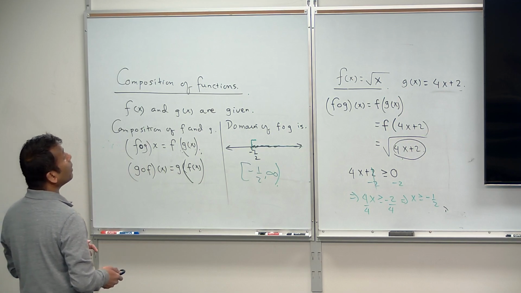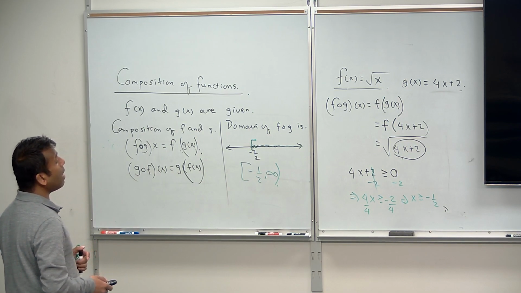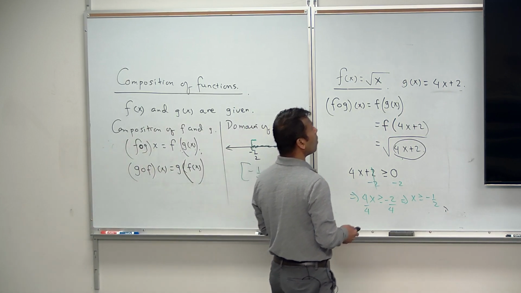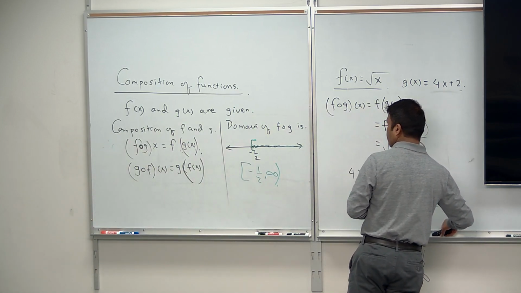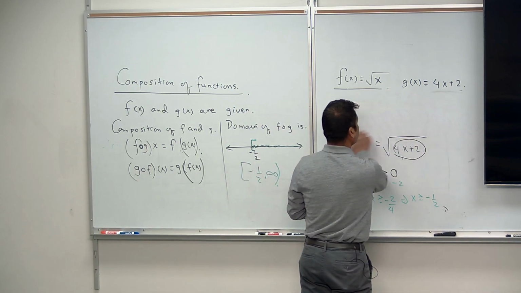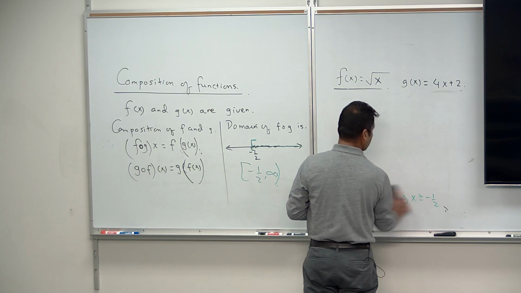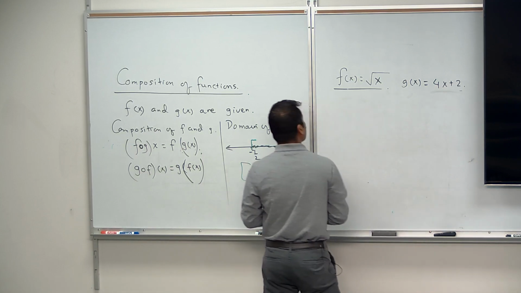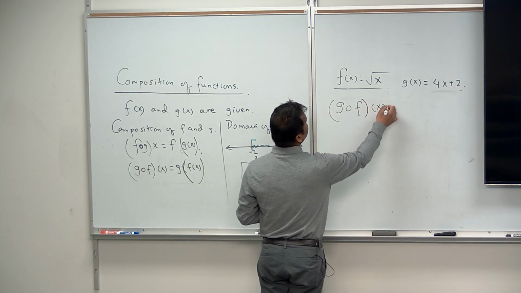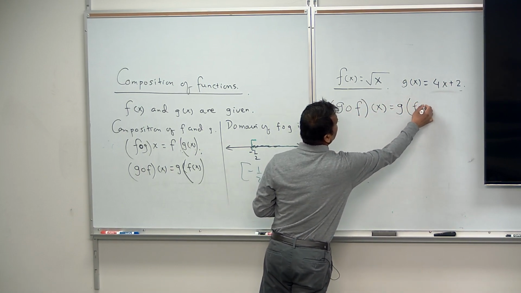So now you need to find out the g of f of x, okay? So by definition, this g of f of x is the same as g of what?